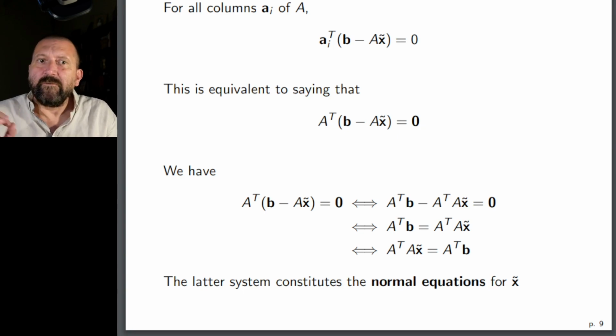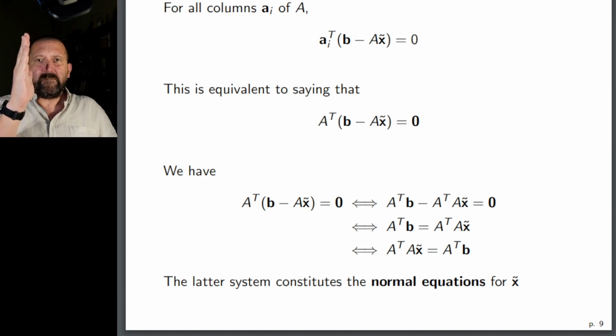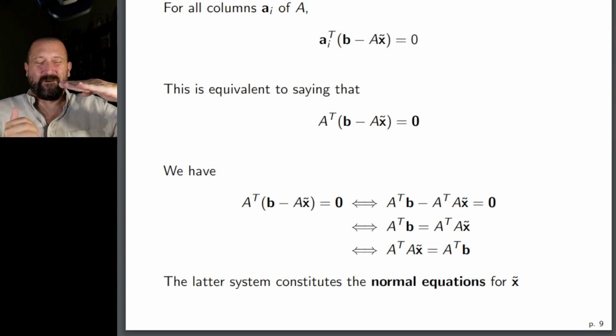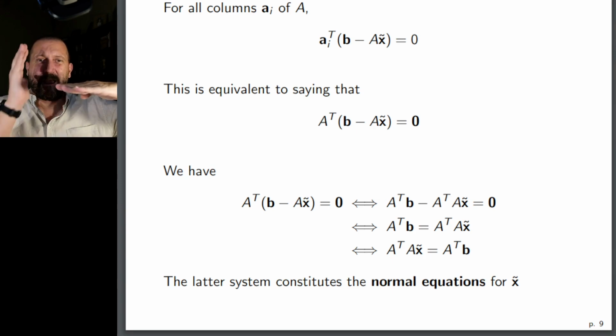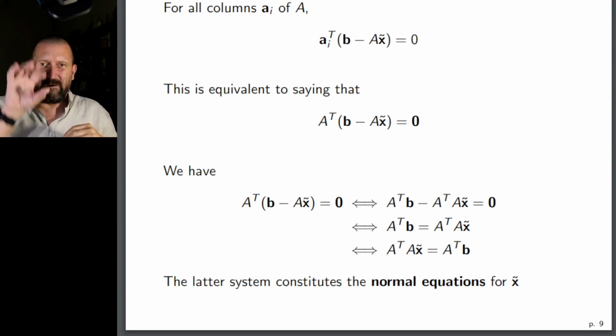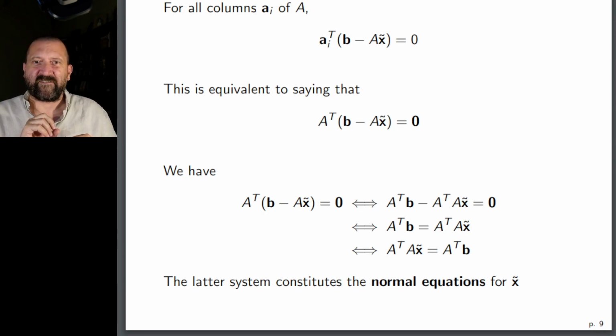And that's true, as I just pointed out, for all columns of A. So I take a column of A, I flip it sideways, I put it on its side, and I multiply it on the right by B minus AX tilde, and I get 0.